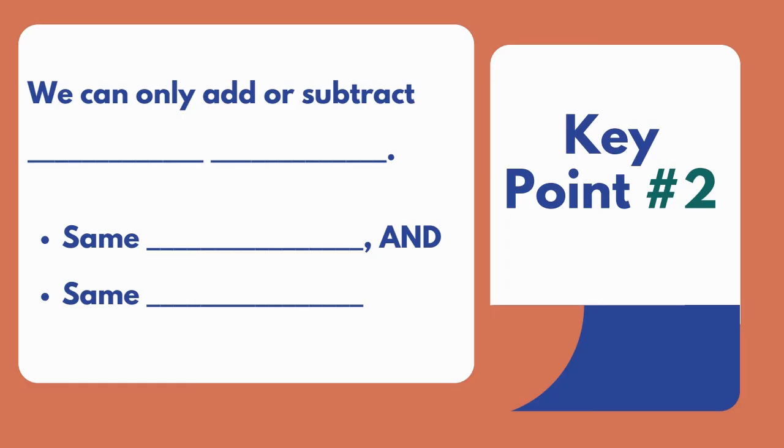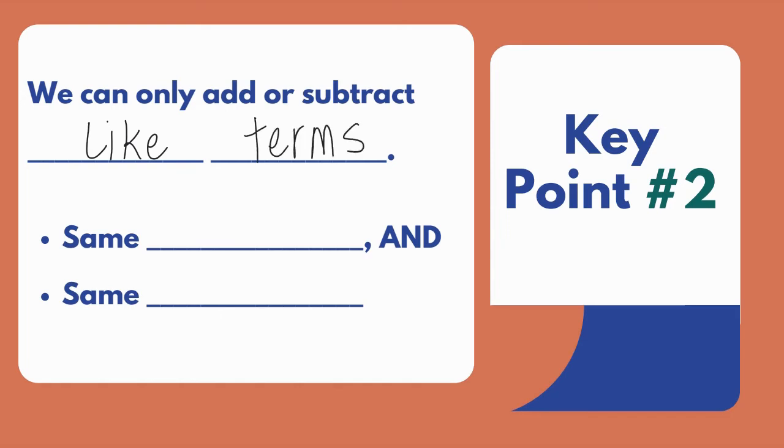Okay, so when we are adding and subtracting polynomials, just like we've been practicing with variables this entire year, we can only add or subtract like terms. So that isn't anything new. That's something that we've known for a while.